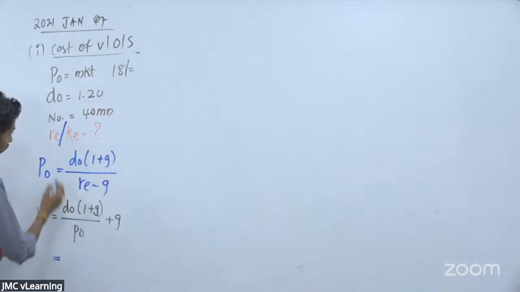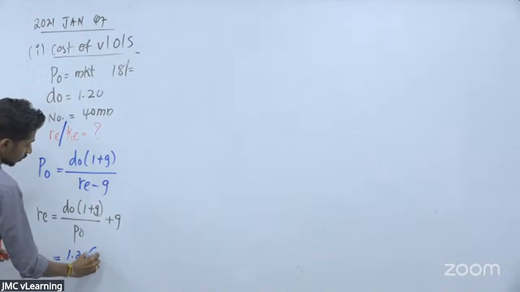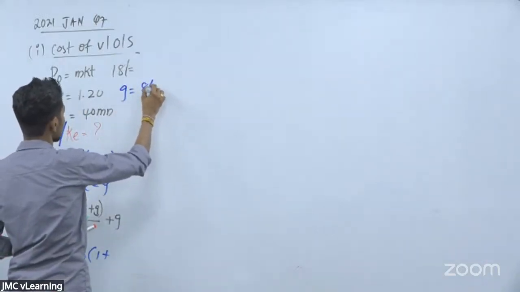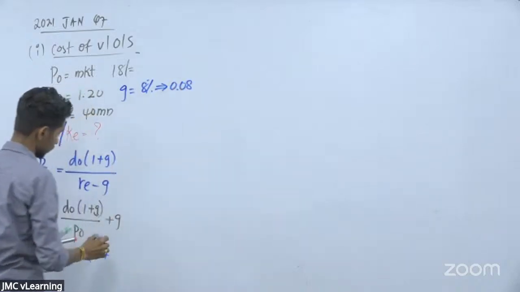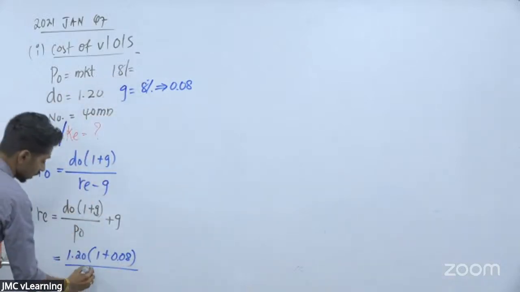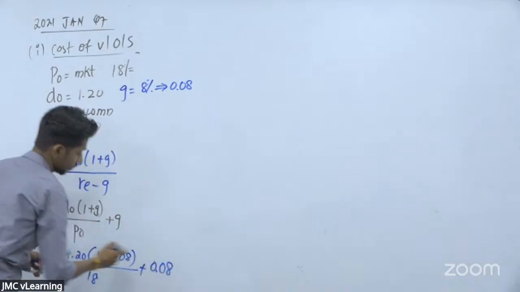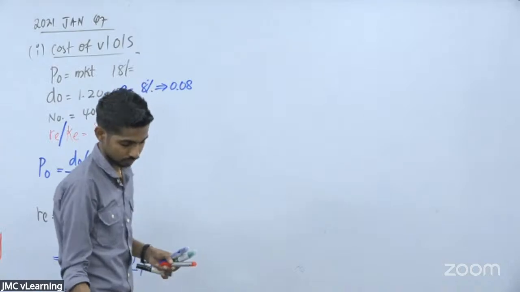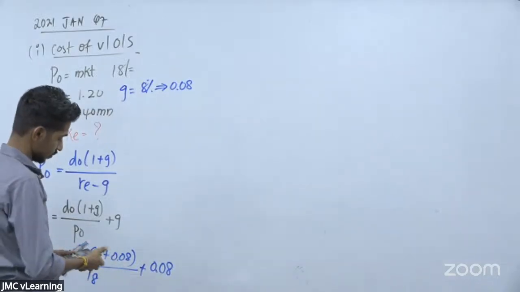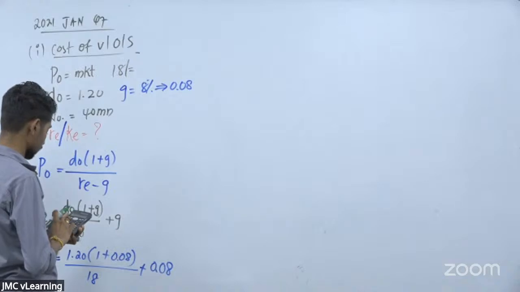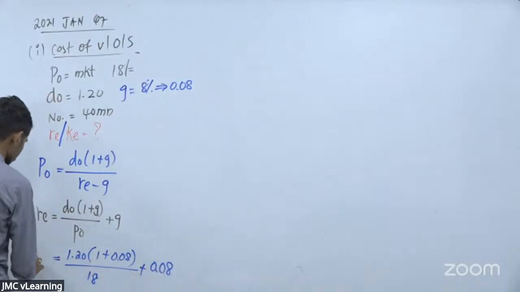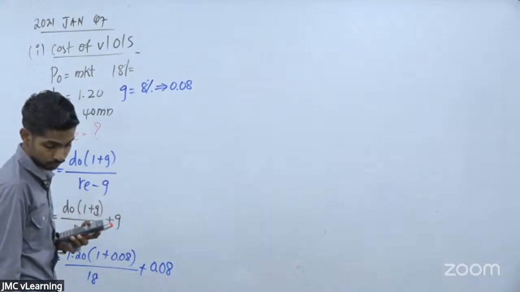Substitute the figures: D0 is 1 rupee and 20 cents, growth rate is 8%, that is 0.08, divided by the market price 18 rupees, plus 0.08. What is the percentage? 15.2. Is it correct? 15.2. Okay.